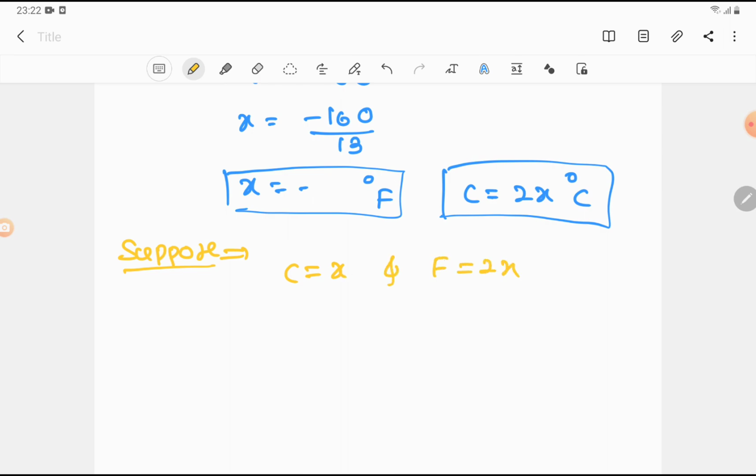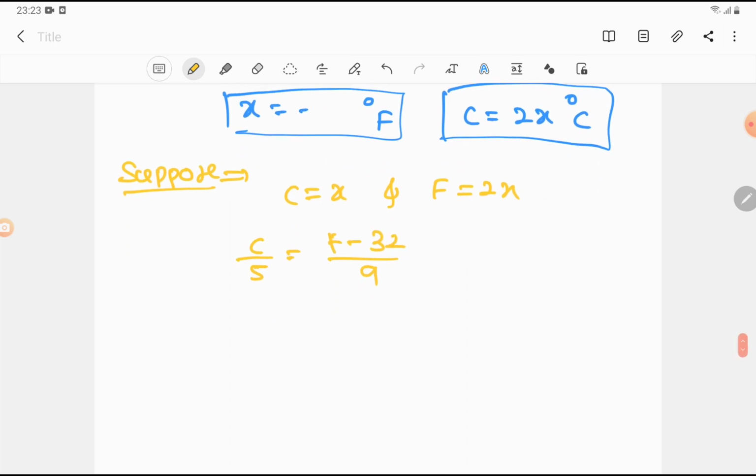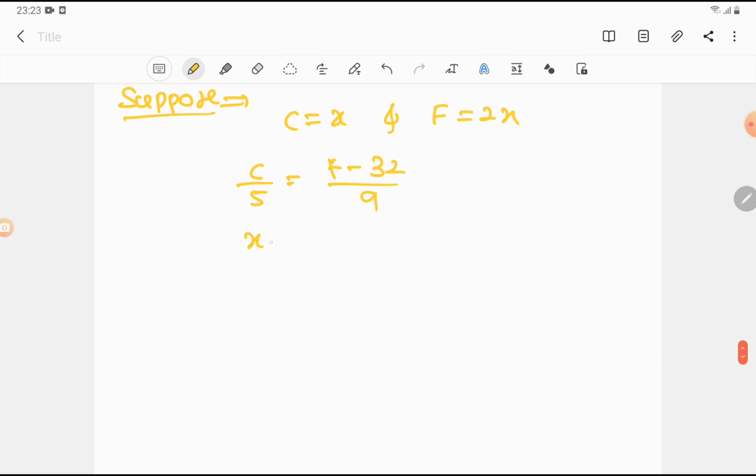So at what temperature on the Celsius scale will the reading on the Fahrenheit scale be double? Then it is C by 5 is equal to F minus 32 by 9. At that time, this is x by 5, and this is 2x minus 32 by 9.